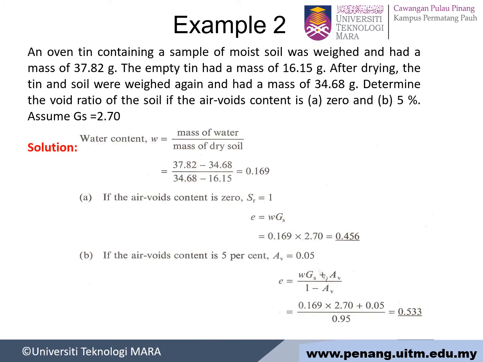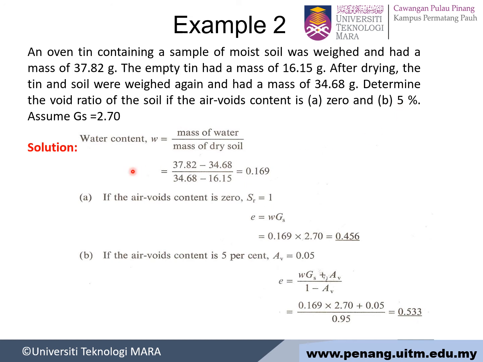Okay, this one is another example. We have a mass of the moist soil, meaning bulk, 37.82 gram. The empty mass is 16.15. After drying, the soil was weighed again and had mass 34.68, meaning this one is dry. Determine the void ratio of the soil if the air void content is 0 and if the air void content is 5%.